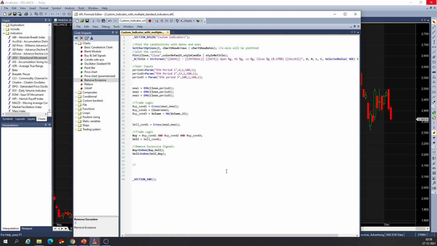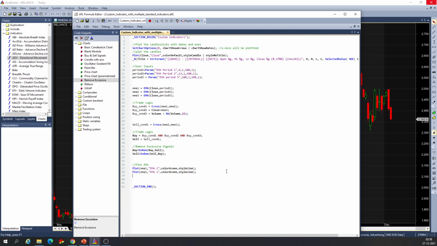Then let's plot our EMA. So we'll use the plot function. EMA1, we'll give the name as EMA1, comma, color green, and style line.